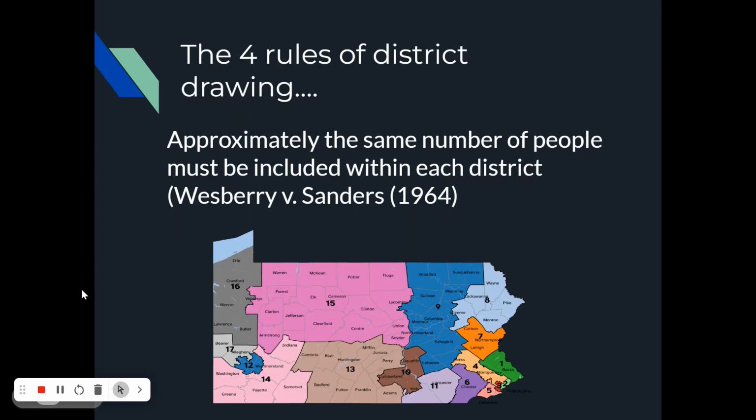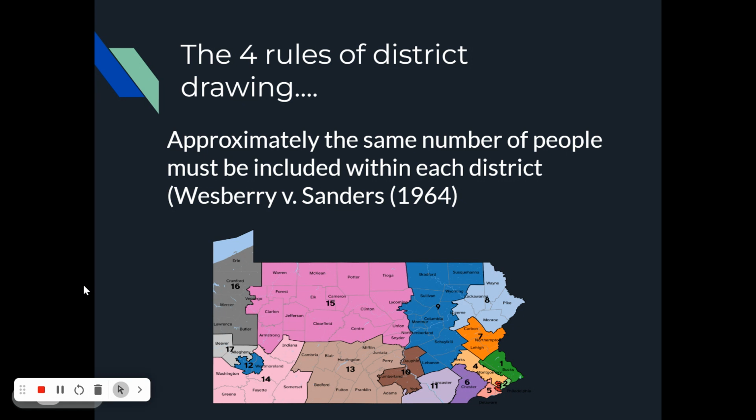Okay. So there are 4 rules of district drawing. There are some basic rules and guidelines that the state legislatures have to follow when they gerrymander. The first is that you have to put the same number of people in every district. And this was decided back in 1964 in the case of Wesberry versus Sanders. So again, you'll notice the districts currently for Pennsylvania down at the bottom.